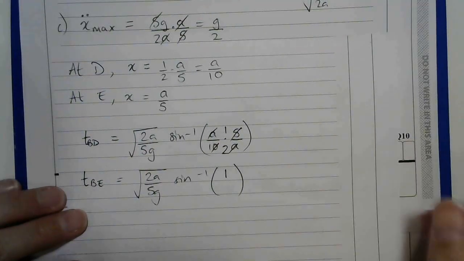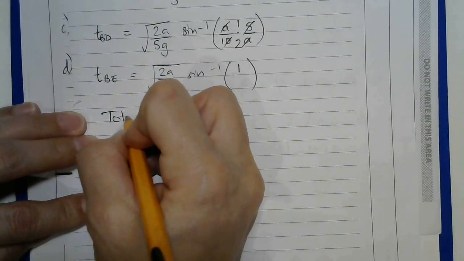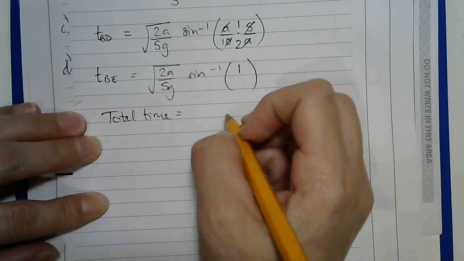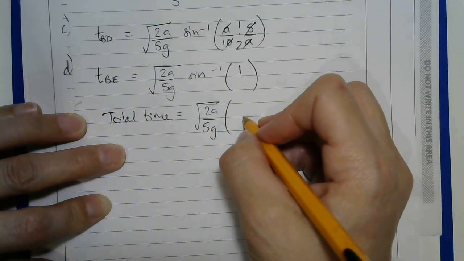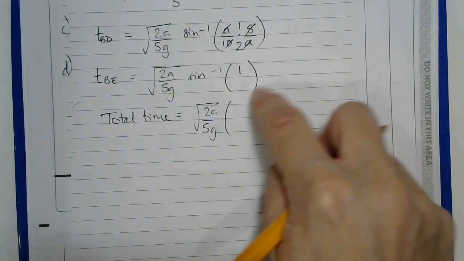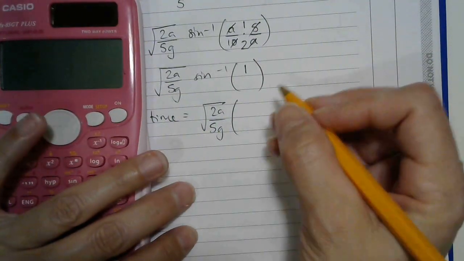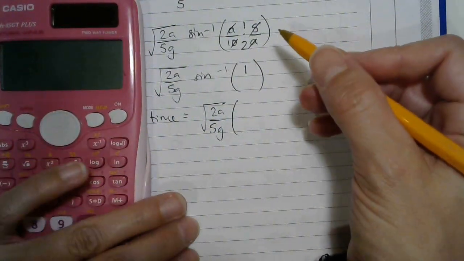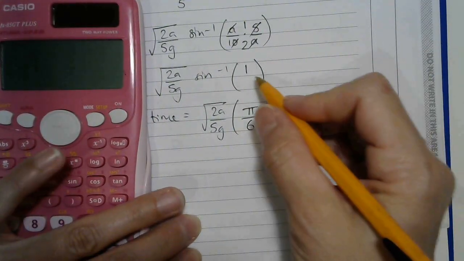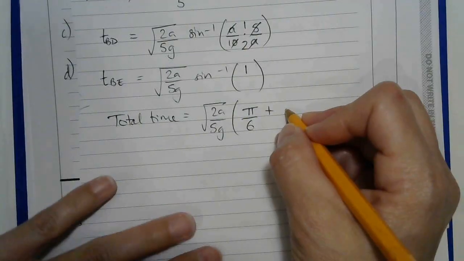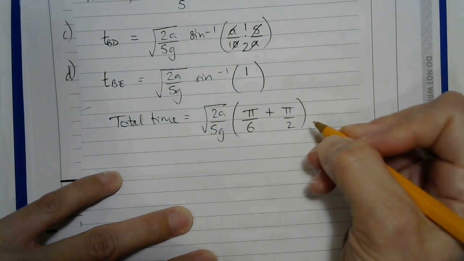So then the total time, therefore, will be root 2a over 5g multiplied by inverse sine of a half, which will be 30 degrees, but remember we're working in radians here, so I get pi over 6, and inverse sine of 1 is 90 degrees, but remember we're working in radians, so that is pi over 2.